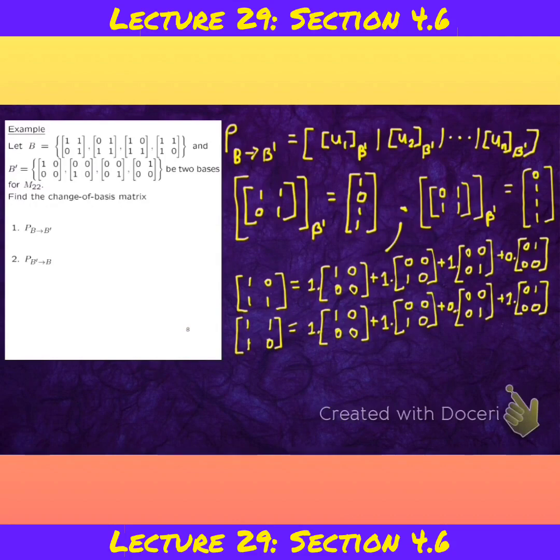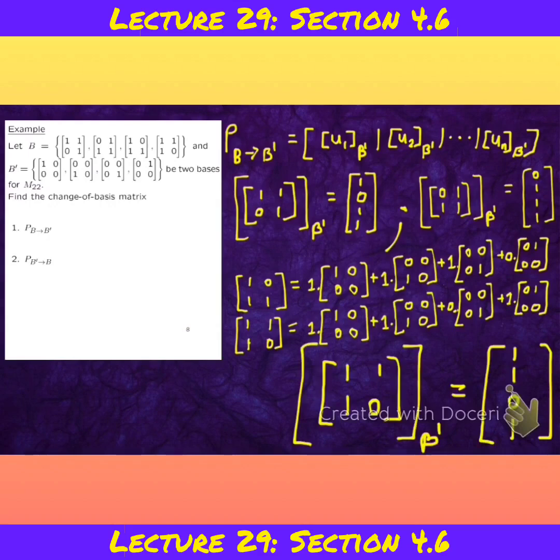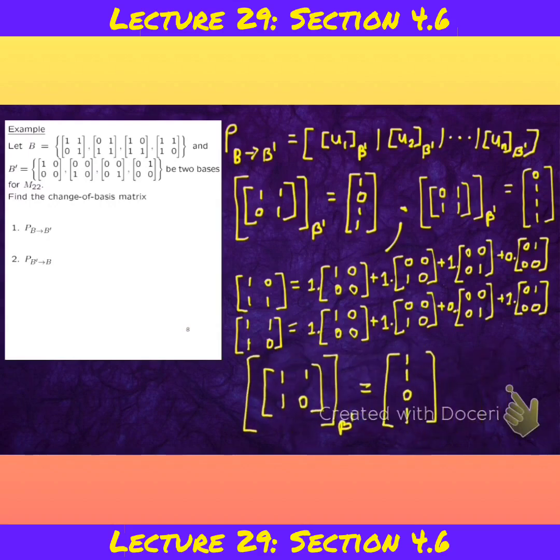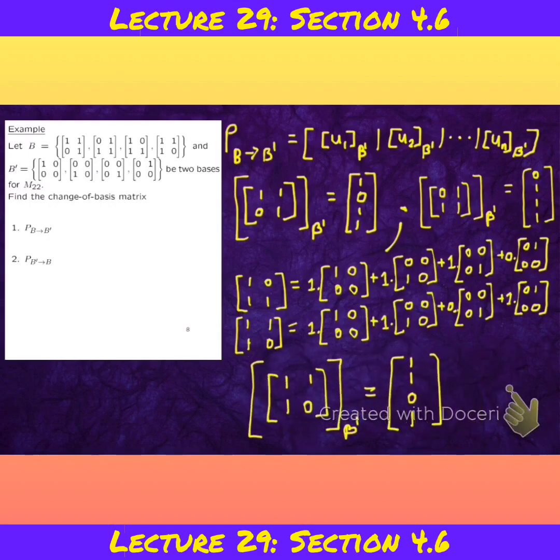Reading off the values, we get the coordinate vector with respect to the basis B. How did we get that? Again, you read the values.